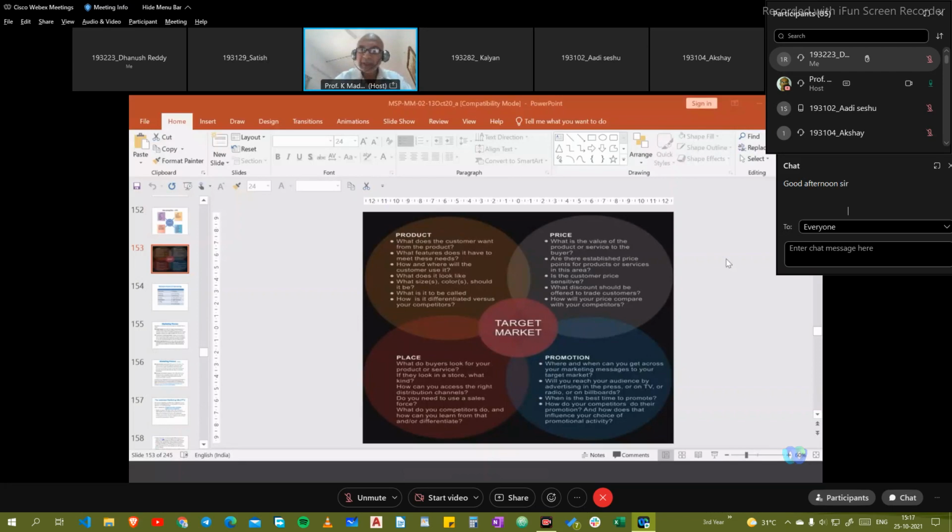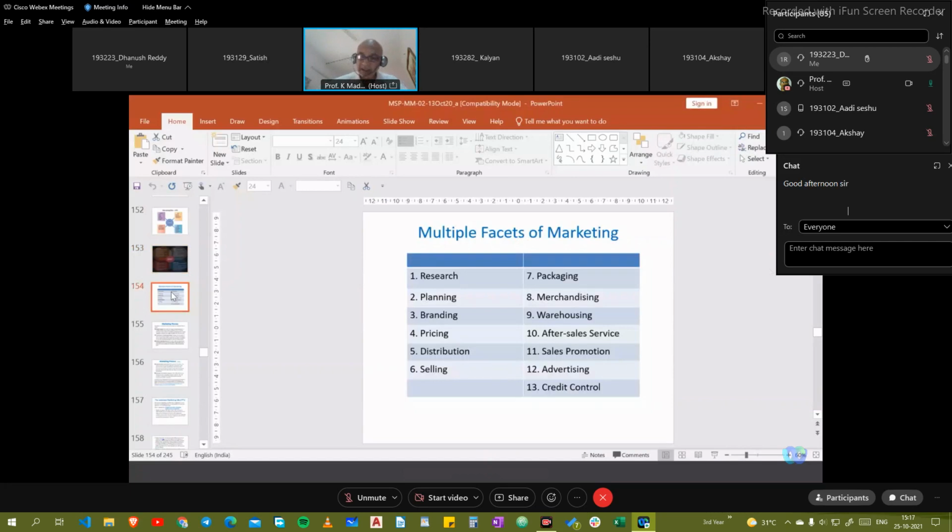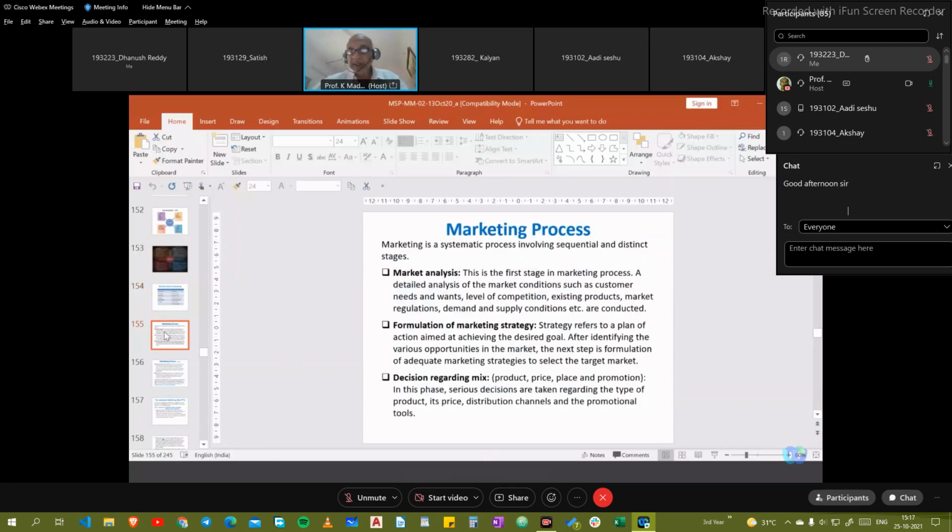Before we go into the product life cycle, we have seen the four P's of marketing. I was also mentioning that there are several facets of marketing which are listed. Some of them are listed here, and things have been changing. As we were discussing the marketing process, we said it's a process consisting of five different stages.